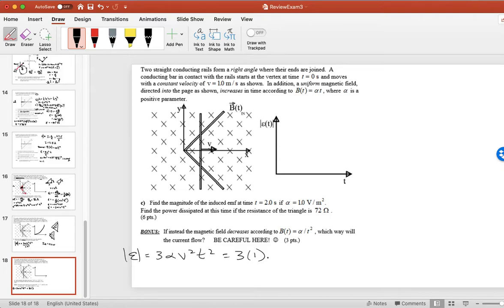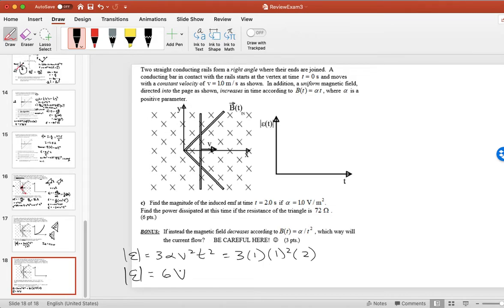I'm not going to add units here, just to get through the video. V is equal to 1, and t is equal to 2. So that tells me that the magnitude is equal to 6 volts.